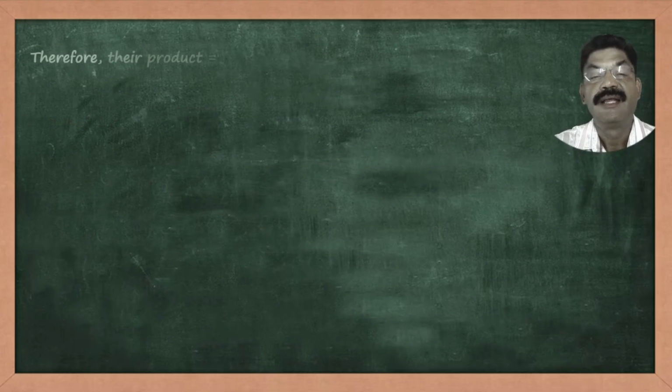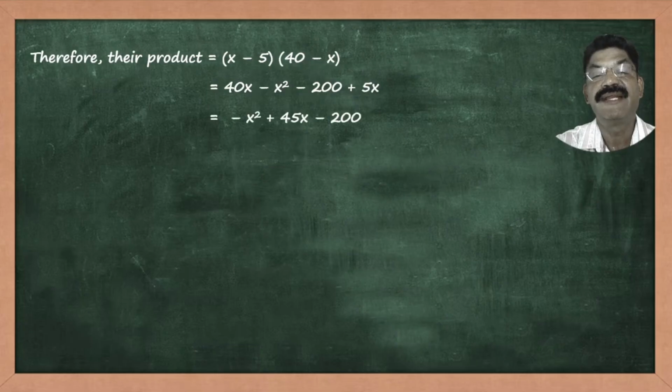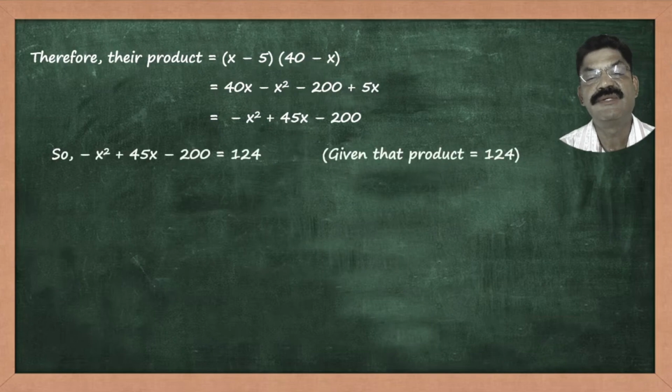Now their product is (x minus 5) into (40 minus x), which is equal to 40x minus x squared minus 200 plus 5x, which is minus x squared plus 45x minus 200. We are given this product is equal to 124. So equate this polynomial expression to 124.